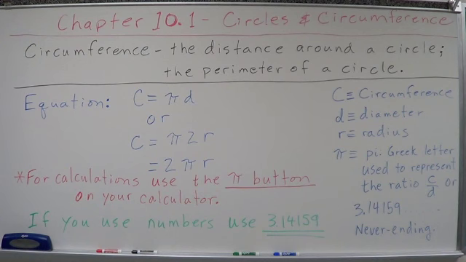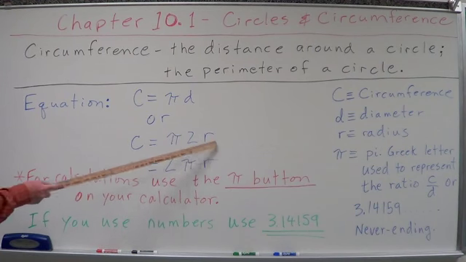Now, when we use those equations, there are two forms: c equals pi d, or c equals pi times 2r. Well, d equals 2r, as we found out in the last clip: 2 times the radius equals d. But typically you're going to see c equals 2 pi r.